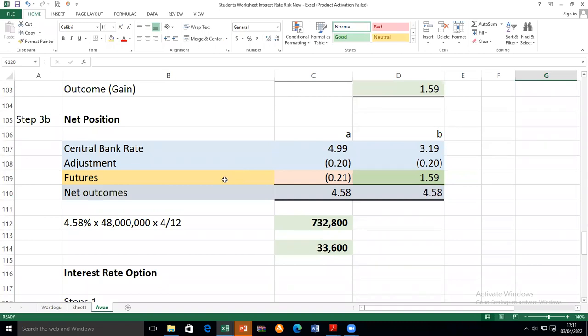That is what we want you to do. So you take this question and complete an interest rate option. Okay. Good. After you've done it on your own, then I'll do it with you as well.